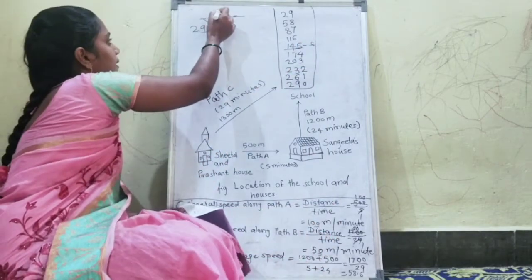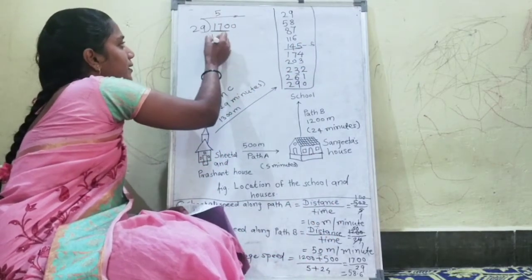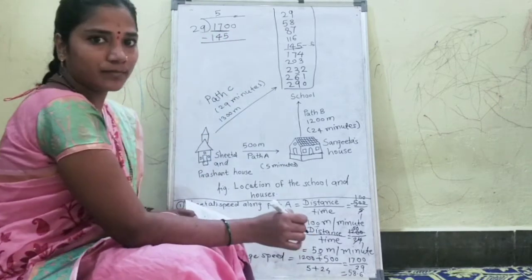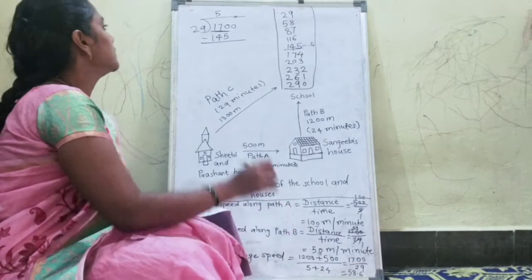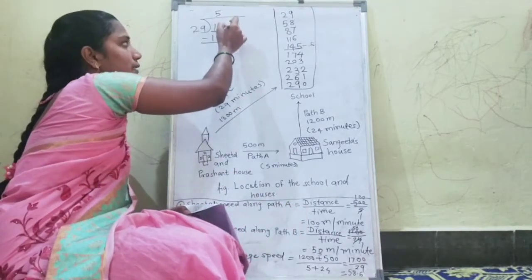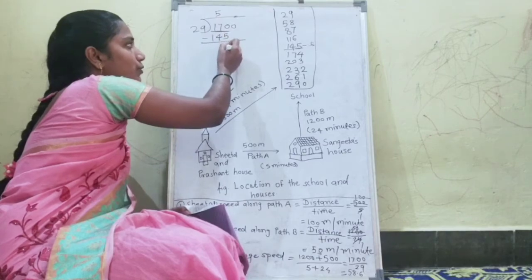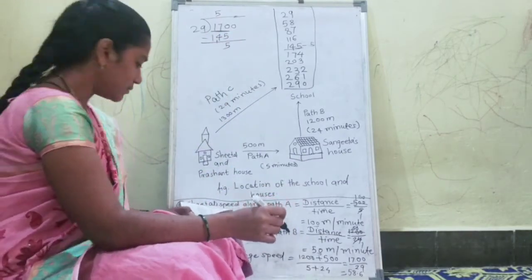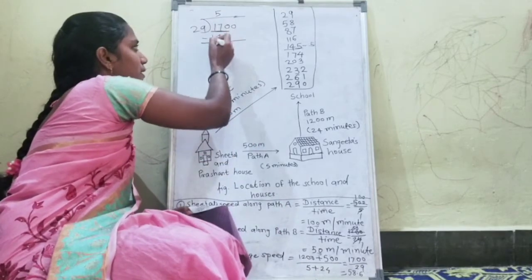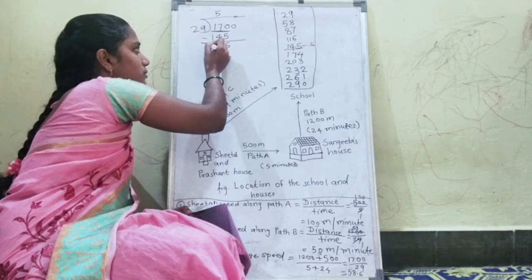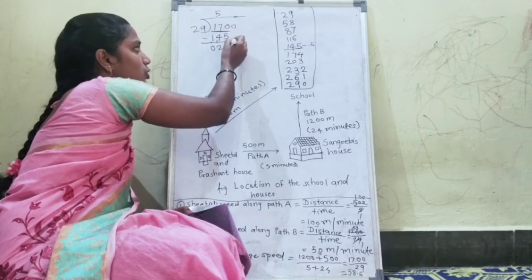I take 5 and write 145 here. Now subtract it. 0, 10, 10 minus 5, 5. 1 take outside. 7 minus 5, again 0. 1 minus 1, 0. I take 0.